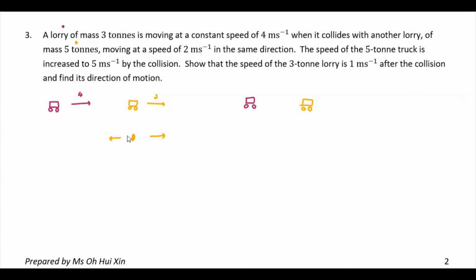Do you think it's possible that this lorry after collision moves this way? It's quite impossible, right? When you think of the logic of it. Although this mass is actually larger, maybe the impact can force this lorry to go in the other direction.